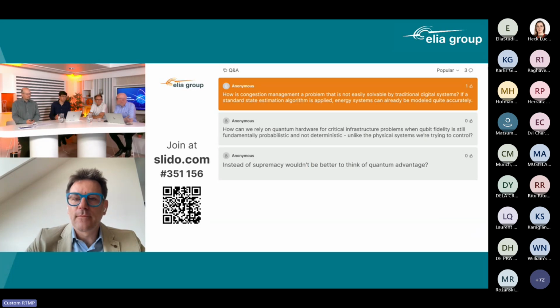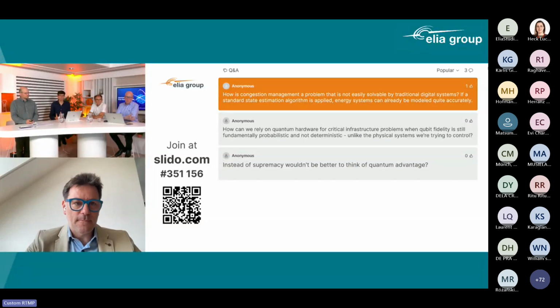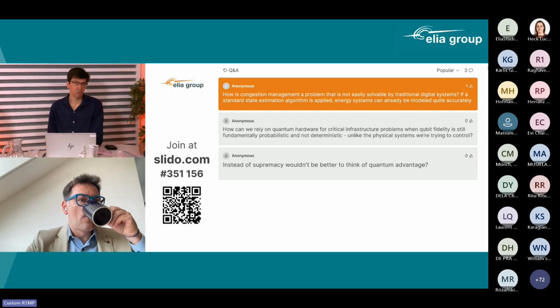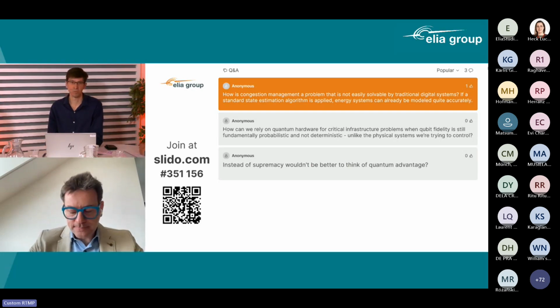I think I'll take this one because it's related to the use case presented by Elia. Indeed, there are libraries and it's relatively easy to model an energy system, but the search space is enormous because we need to operate the grid in a safe state.